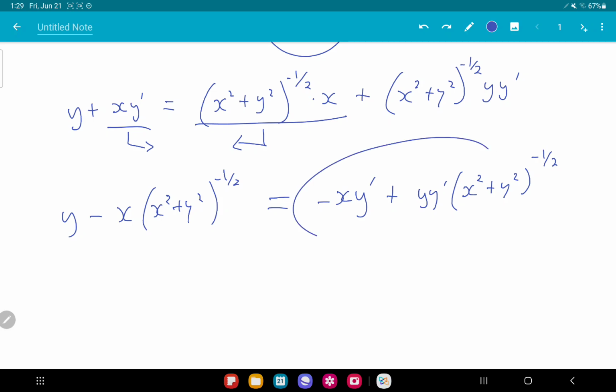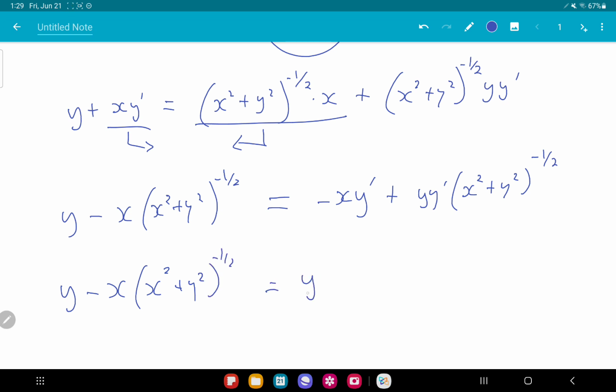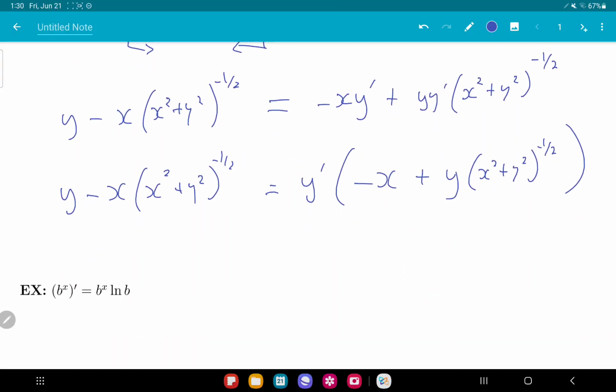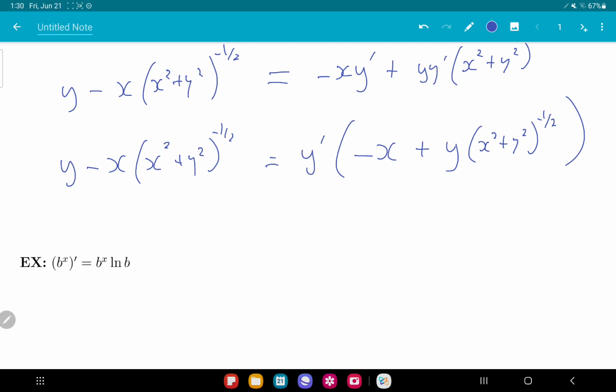Now I got my y prime terms on the right-hand side, so now I'll factor out y prime. This is the technique we use to isolate y prime. Factoring out y prime gives me this. And now I can solve for y prime. Oops, there's my next example, sneaking in there.